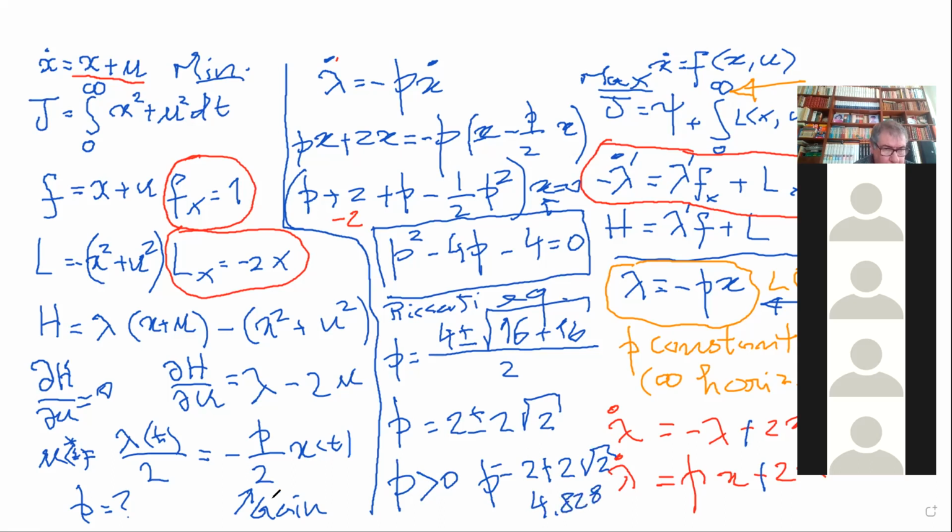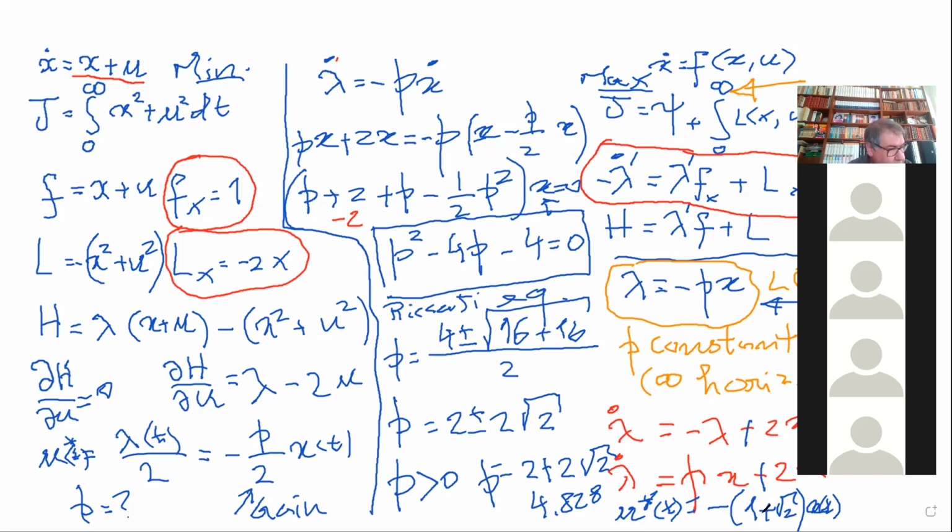Okay, so your optimal control is, dividing this by 2, u equals minus 1 plus square root of 2 times x of t. That's the optimal control.